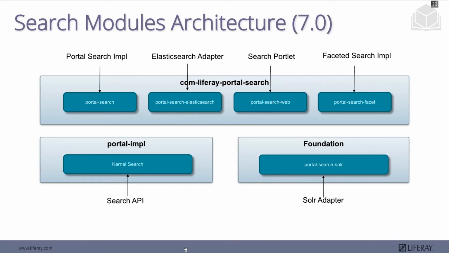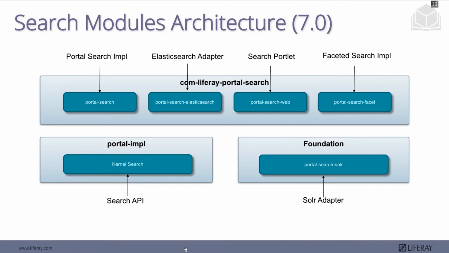Behind the scenes, this is our search architecture in a little bit more detail. Each one of these are the specific Liferay modules that are implementing search. If you look at com.liferay.portal.search, you'll find a number of different modules helping us out.